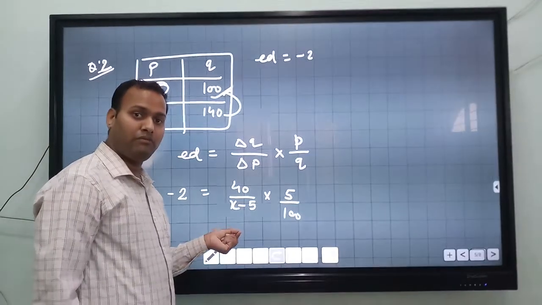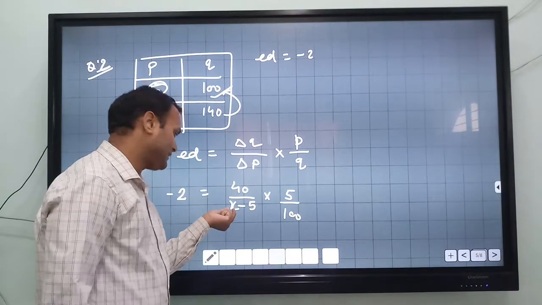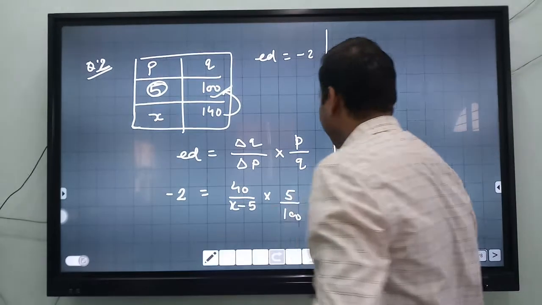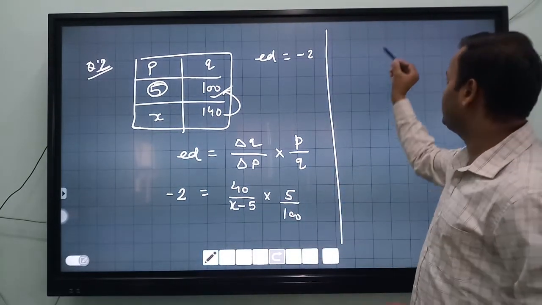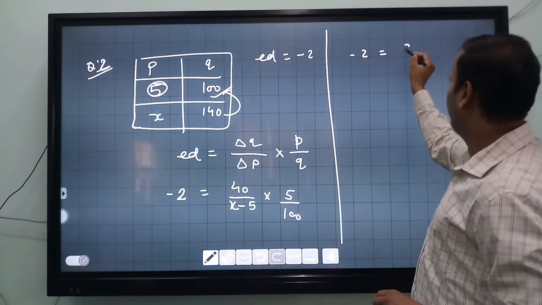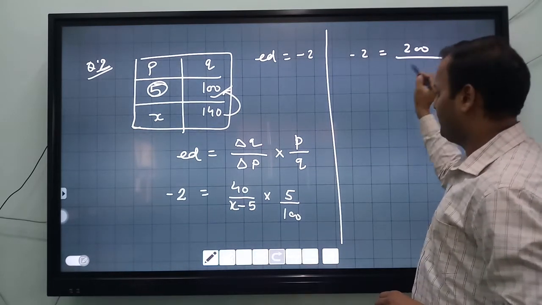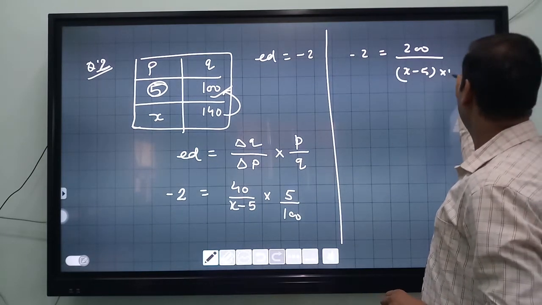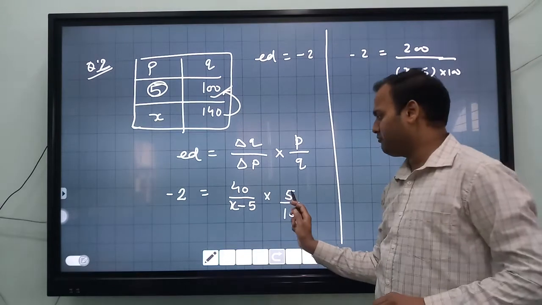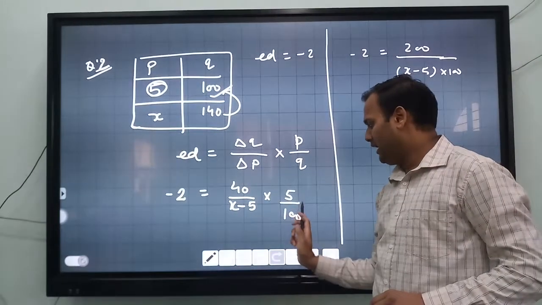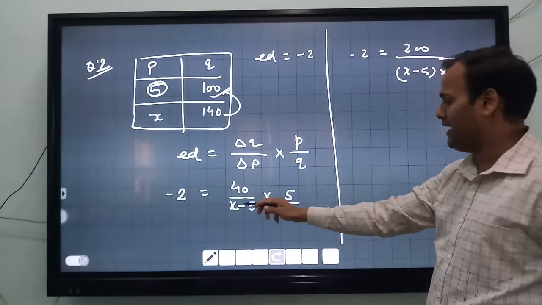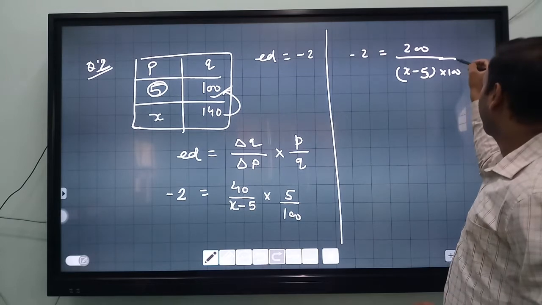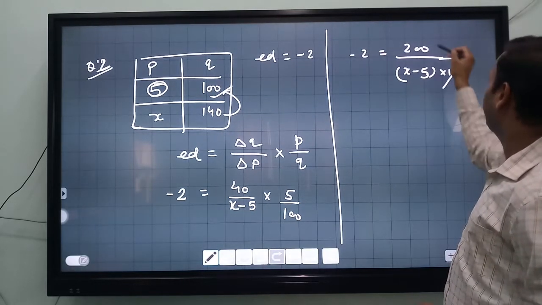We have to calculate x. So minus 2 is equal to 40 into 5 upon (x minus 5) into 100. 40 into 5 is 200, so 200 upon 100 is 2.